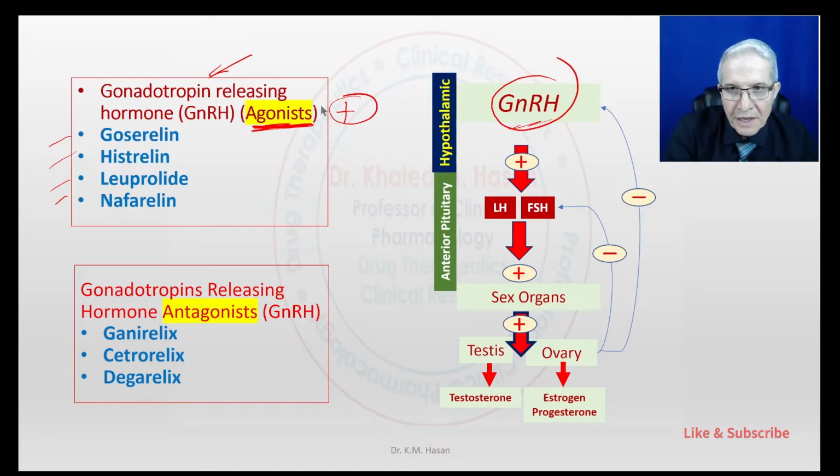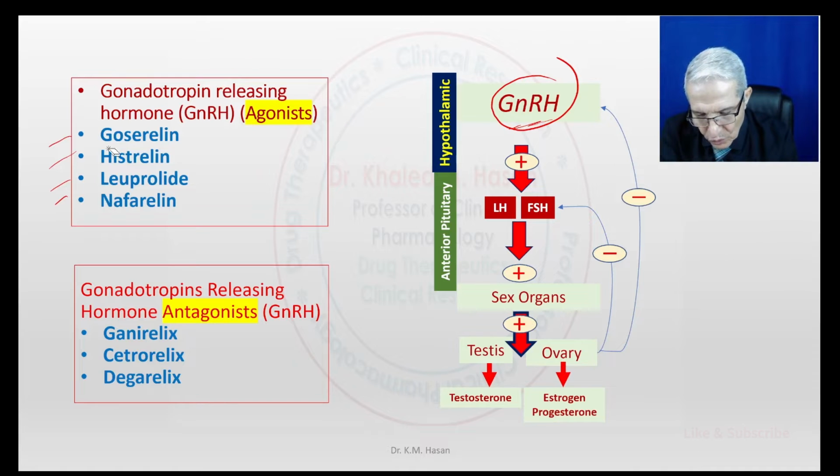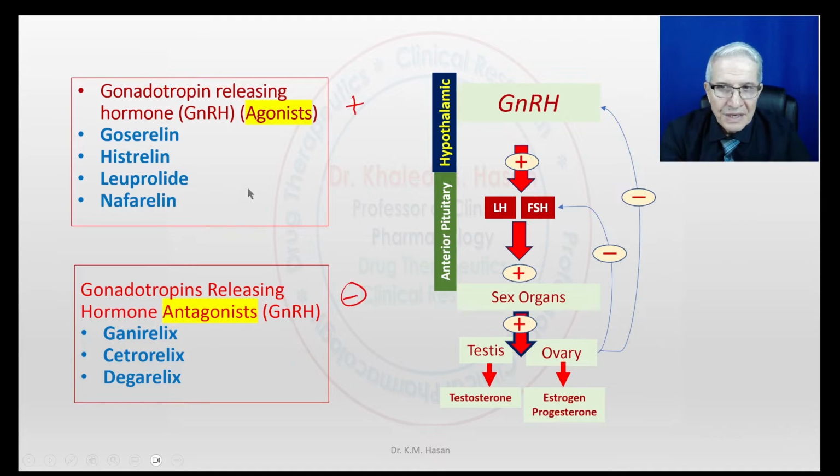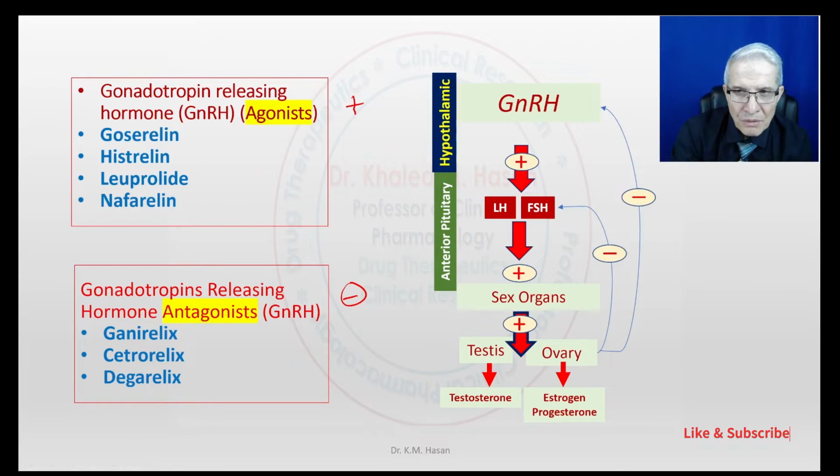Okay, so again, I will try to address that here. Regarding the gonadotropin-releasing hormone, GnRH, we have the agonist, which means able to stimulate the receptor. We have the antagonist, which inhibits or blocks the receptor. Regarding the GnRH agonists, we need to remember the names: goserelin, histrelin, leuprolide, nafarelin. Agonists stimulate the receptor.